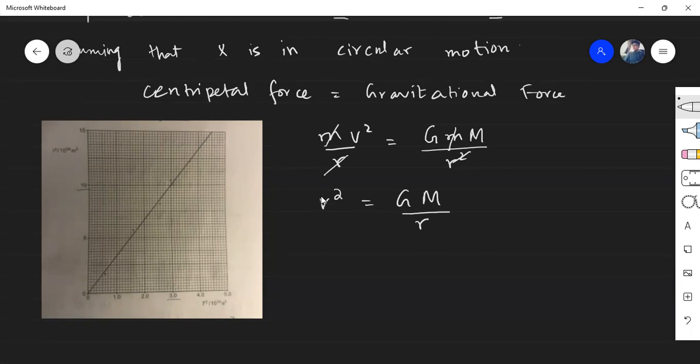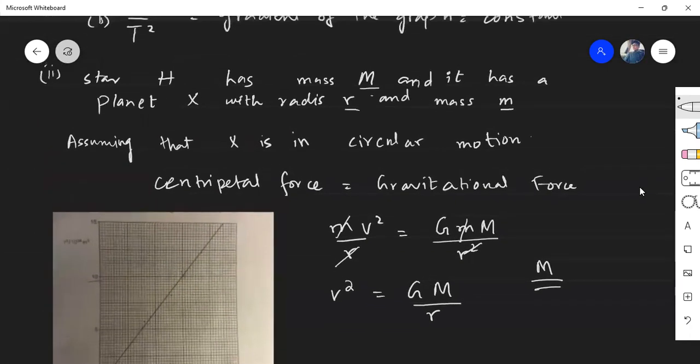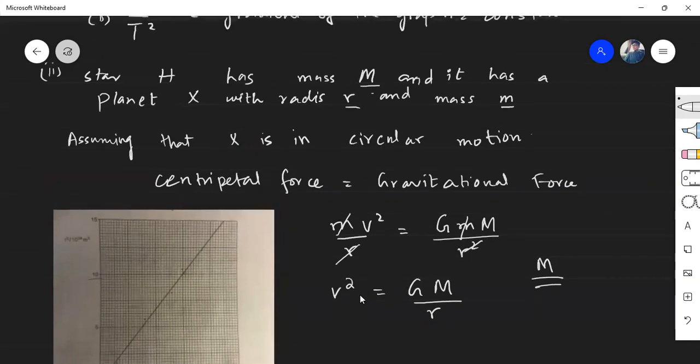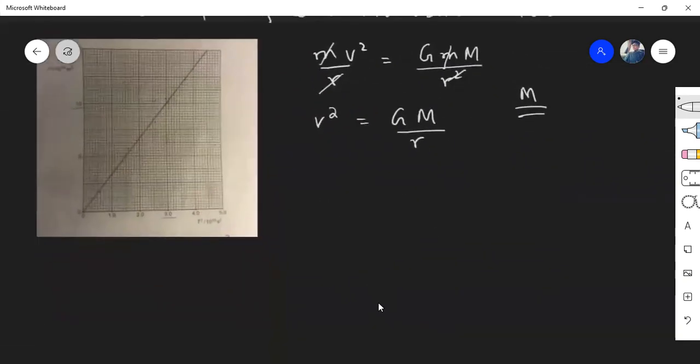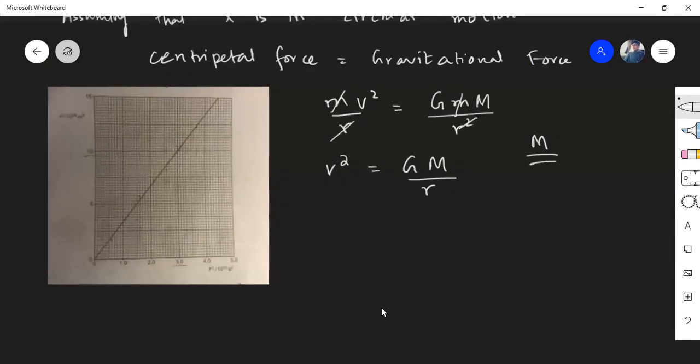Now remember, we have to find the value of M, because M is what we have defined as the mass of the star H, and G is a constant here. We don't know what r is and we don't know what v squared is, so we have to relate this to something.